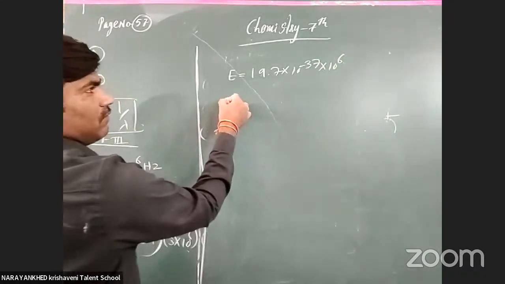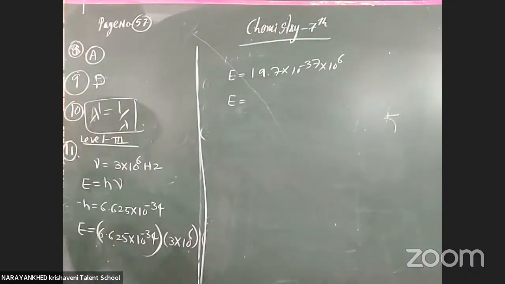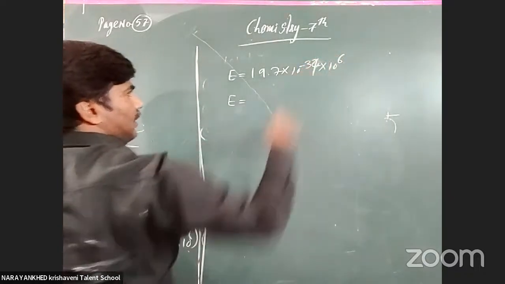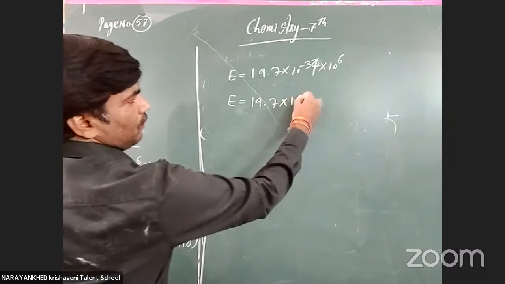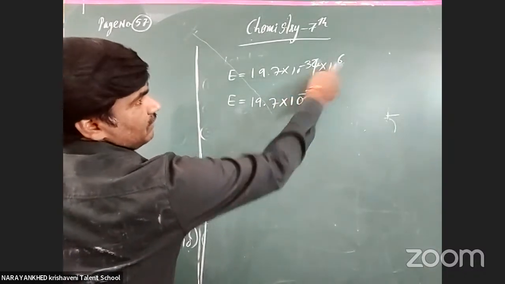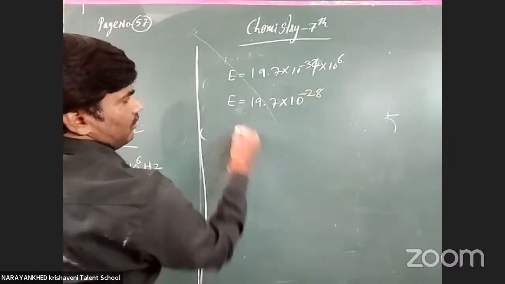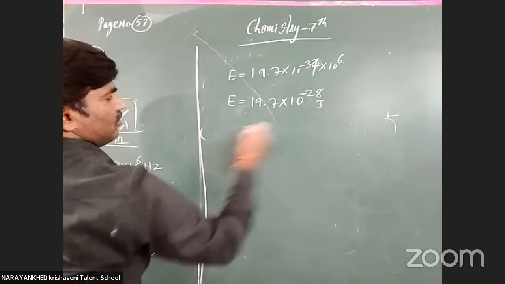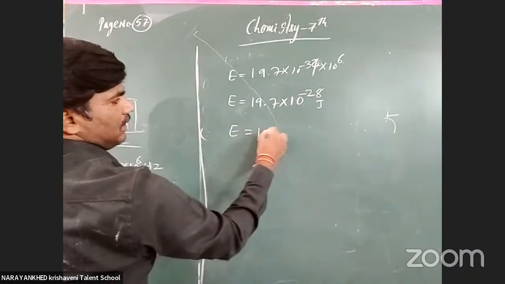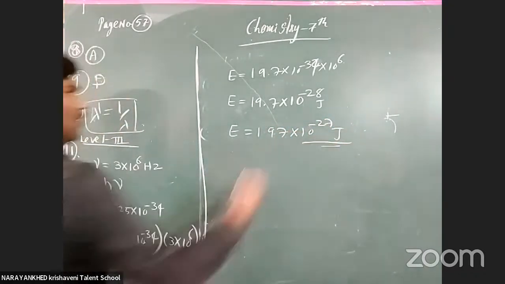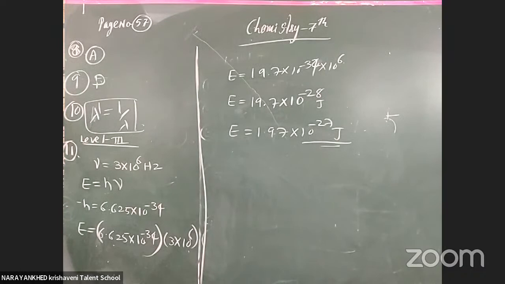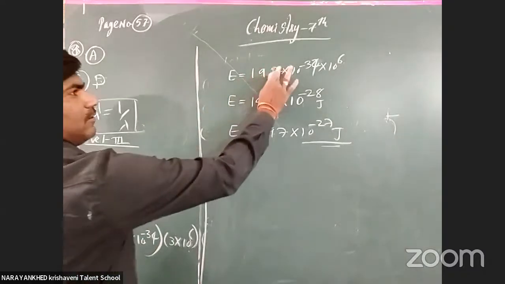Sorry, it becomes 1.97 into 10 to the power of minus 27 joules. Okay, clear or not? I hope you got it. The nearby answer is A. Eleventh answer is A. You can take it as 19.8, no problem.